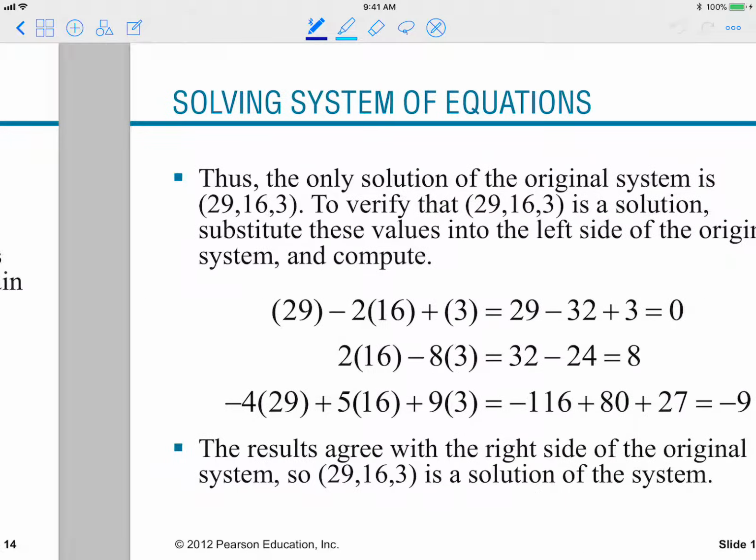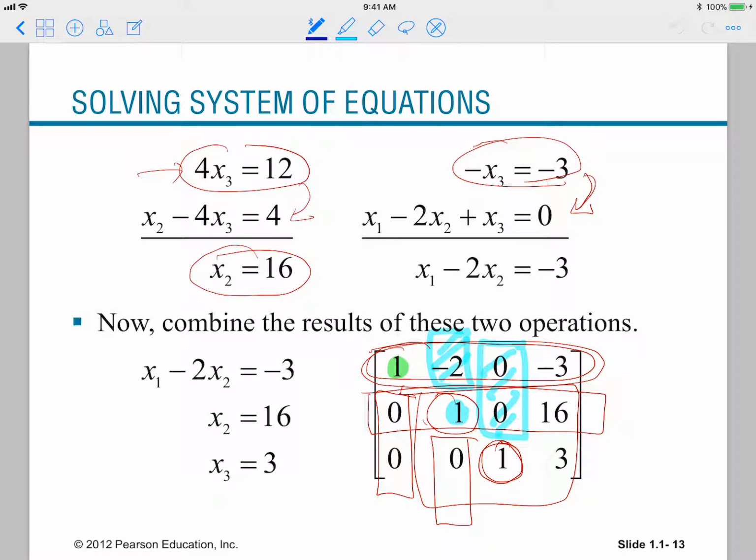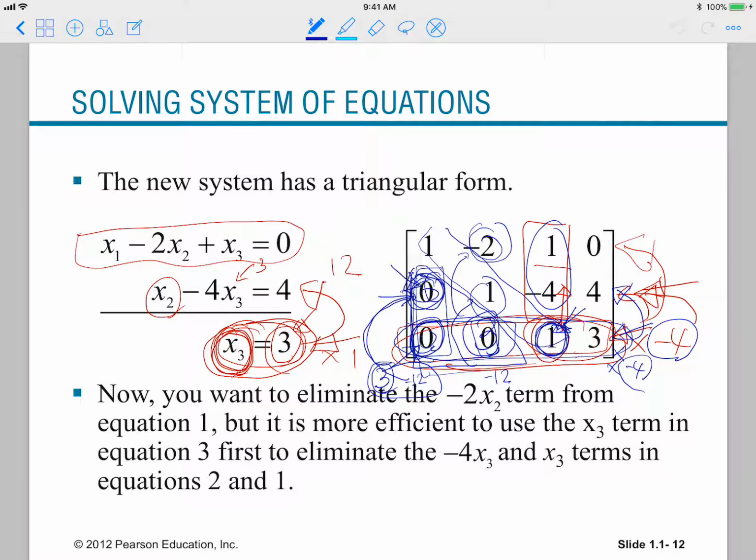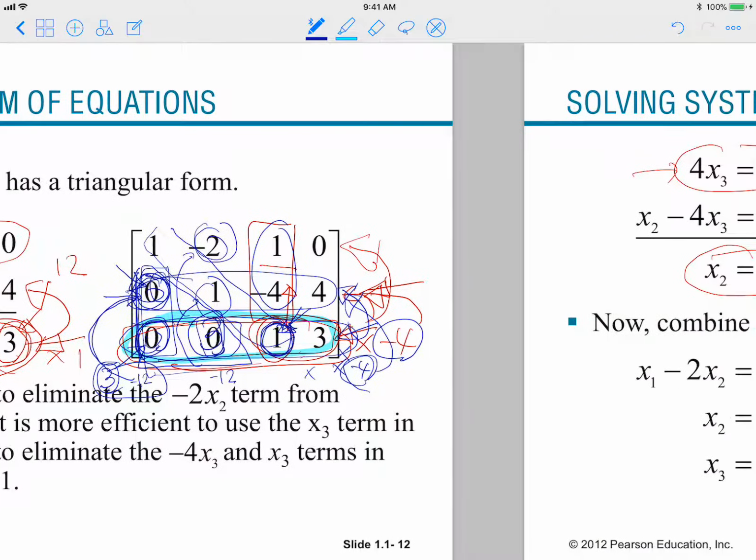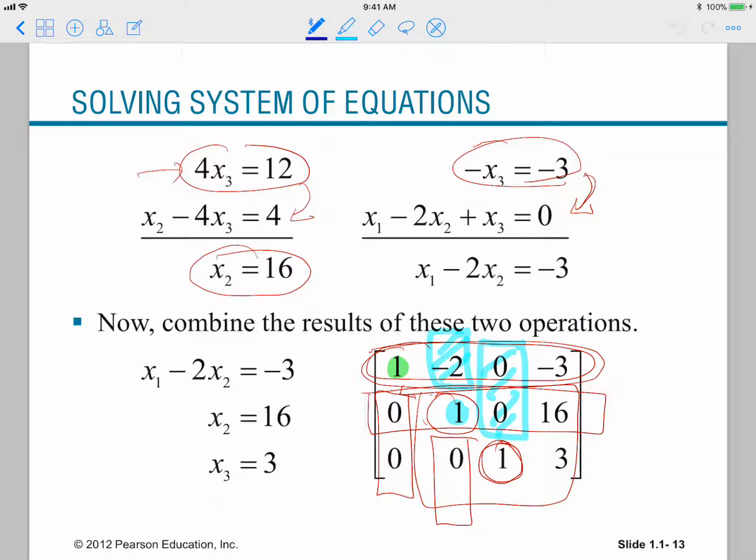So in this case, given this third equation, we multiplied it by negative 4 and added it to the second equation, right? So this is basically replacing the second equation, or second row, with a new row. That is called a row replacement.